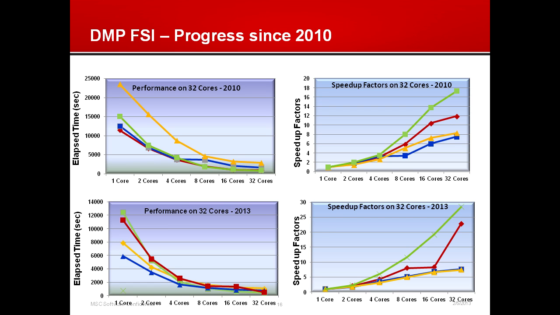We ran the same jobs with version 2013 of Nastran, which is coming out pretty soon, on the same machine, and we were able to reduce the CPU time significantly across the board.